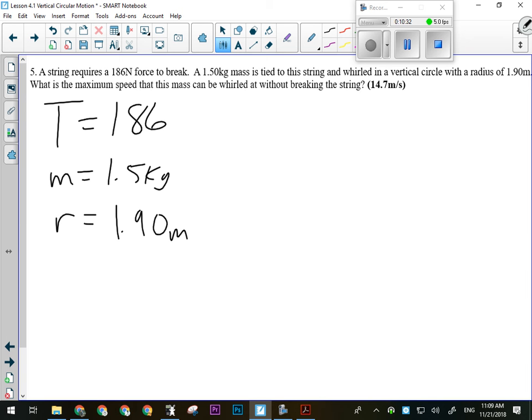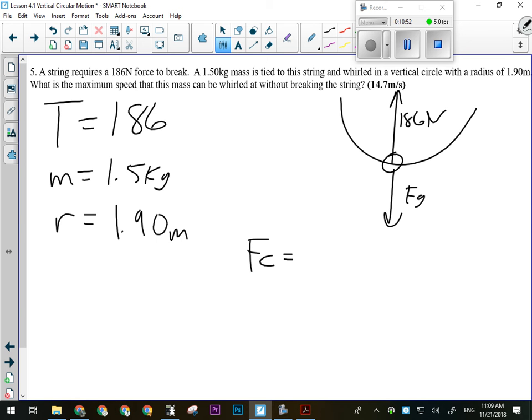It's basically the same calculation as 3, because the place the string would break, as we discussed yesterday, is the bottom of the circle, because that's where the tension will be greatest. So we would have this tension force in, that's 186 newtons, gravity pulling out, which we'll have to calculate, and then forces in minus forces out, and we solve for v.